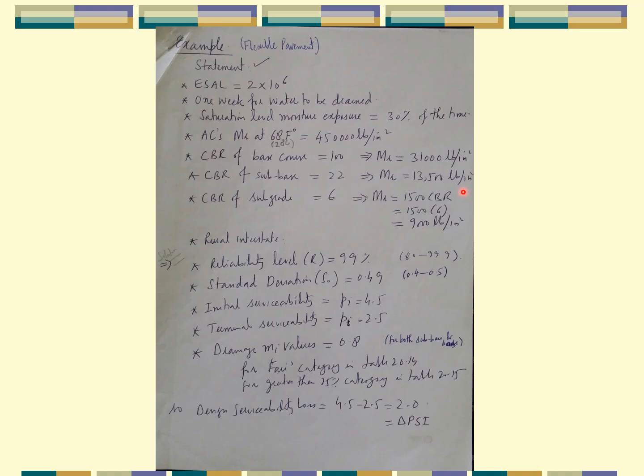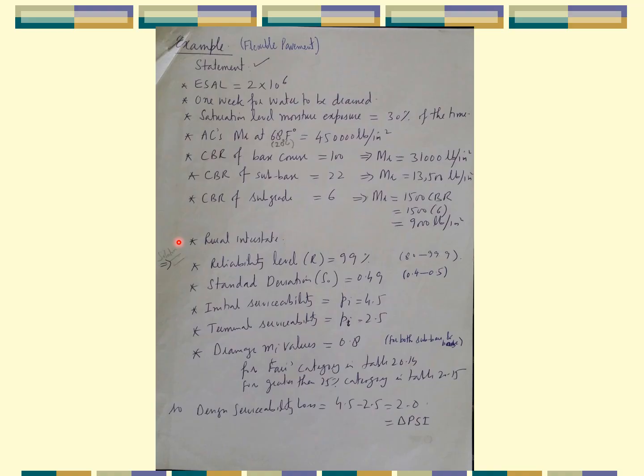So by using the chart that I showed in the beginning, we have got the modulus of resilience. As far as the CBR of the subgrade is concerned, we can use this formula, 1500 × CBR, to get the modulus of resilience. Why have we got the modulus of resilience? Because the modulus of resilience is needed to get the structural number.